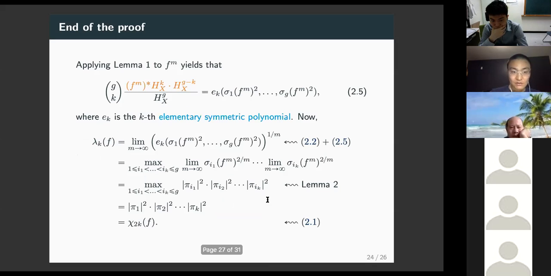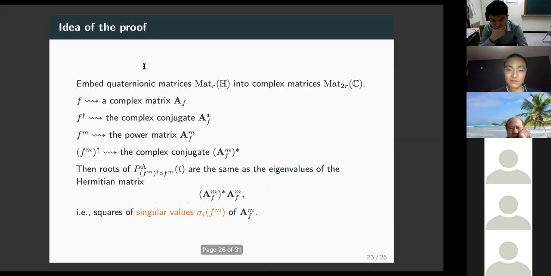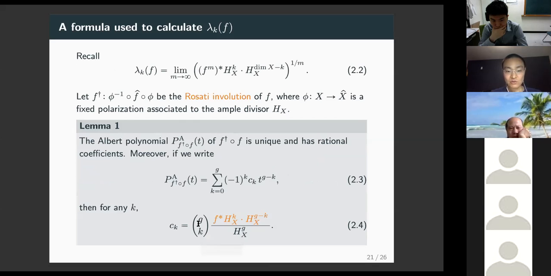Okay, so now we can apply Lemma 1 to F to the m. So we replace F by F to the m. The left-hand side we have this one, and the right-hand side we can go to Lemma 1. Left-hand side, we can expand this one as a product of t minus roots of this polynomial.